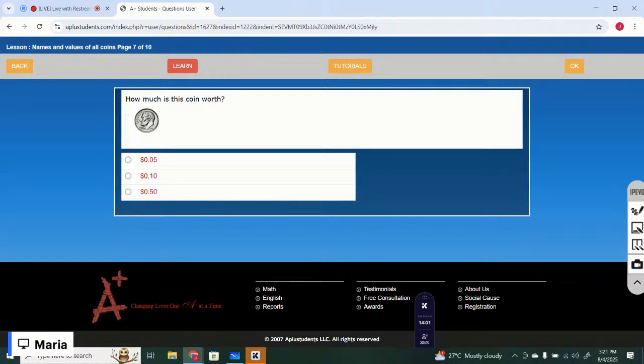How much is the coin worth? That is 0.10. Option number two is the correct option.